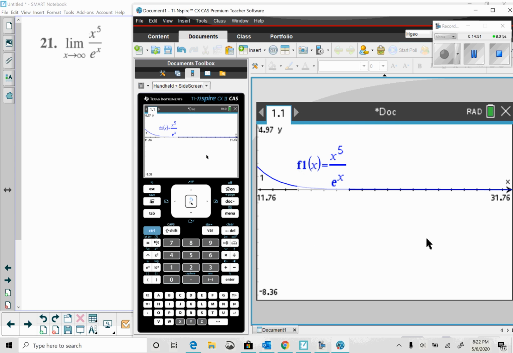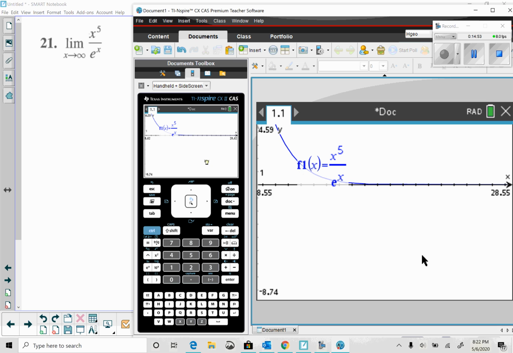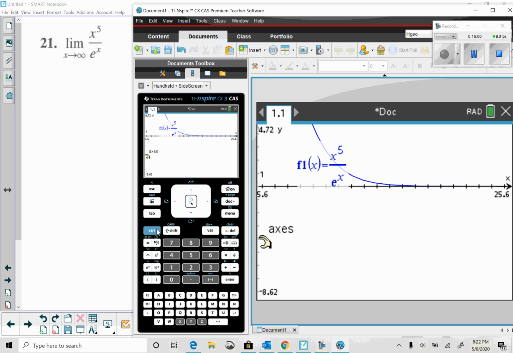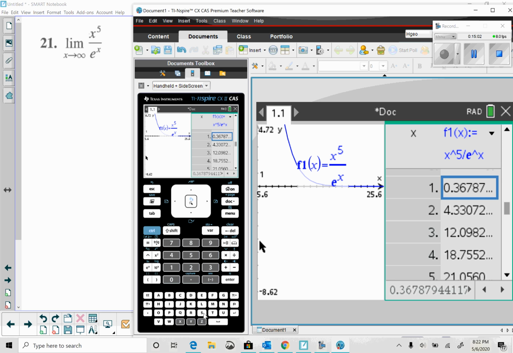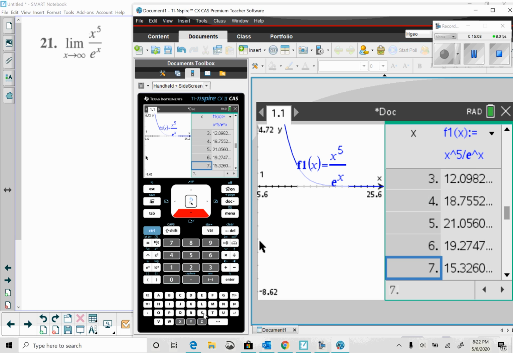I guess I'm doing it backwards this time. We're supposed to look at the values on a table. Control T. But this time we're looking at positive infinity. And notice again, they went up, but now they're coming back down.